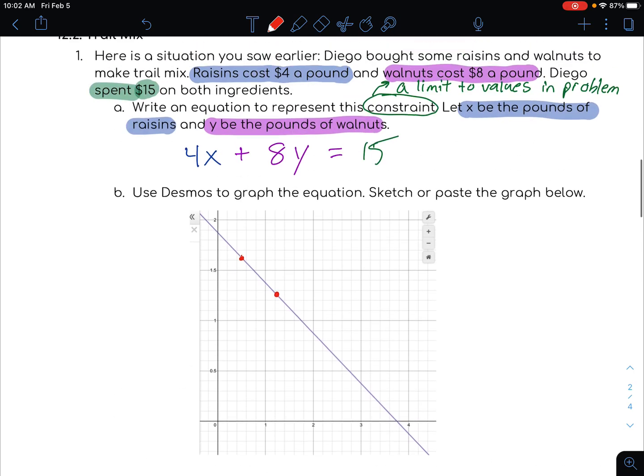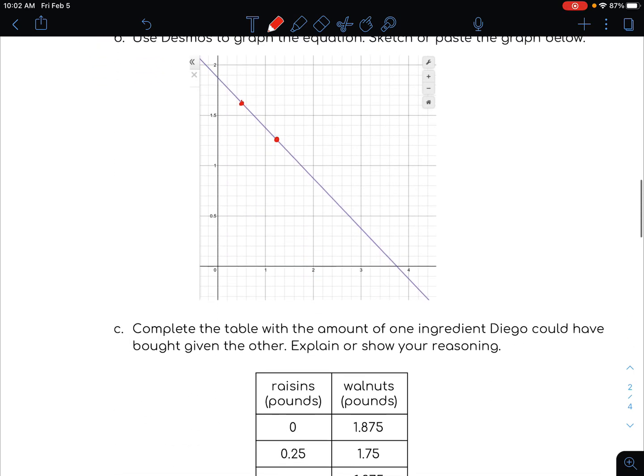Remember, on our x-axis we have raisins, and walnuts are on our y-axis. This is pounds, so it might be good to label that. So pounds of raisins, pounds of walnuts, and all these points on our line would be combinations of pounds of raisins and walnuts that would work.